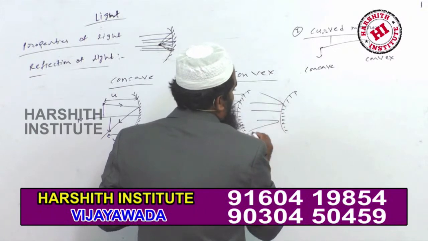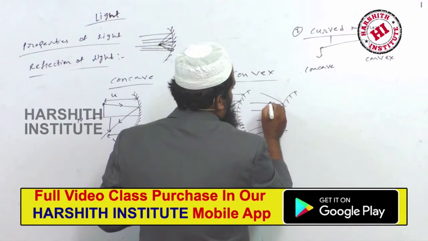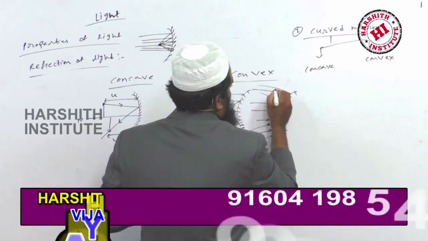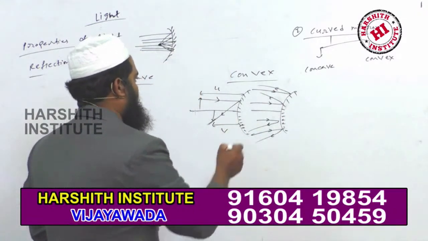This type is simply called a diverging mirror.